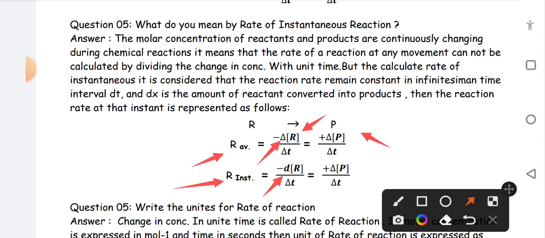For reactant use the minus sign, because with increasing time the concentration of reactant decreases and the concentration of product increases. So for decrease use minus, and for increase use plus.